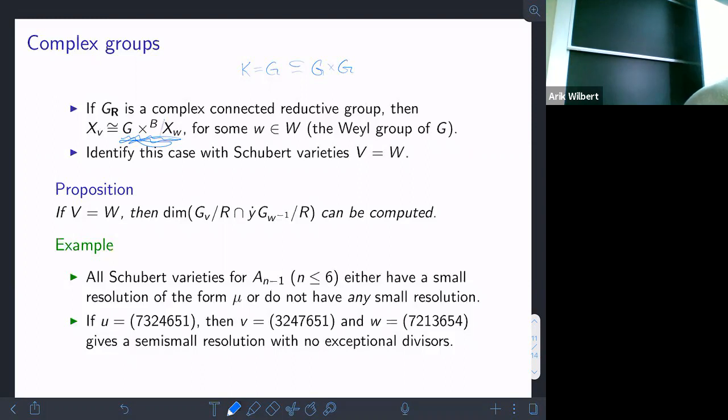The base will be the whole flag variety, and the fiber is the Schubert variety, and this W is the Weyl group of G. That's what all these k-orbit closures look like.